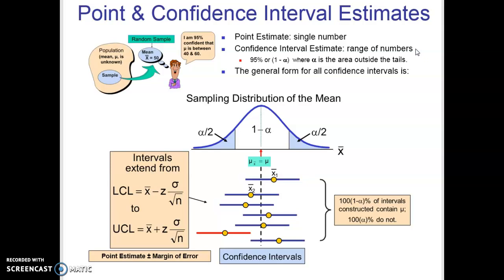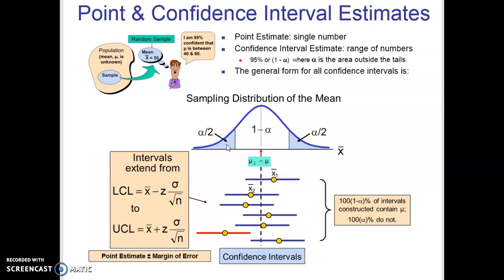First, we establish a confidence level, which we'll assume is 95%. Sometimes this is stated as 1 minus alpha, where alpha would be the area outside of your tails in a bell curve. For example, if we have a distribution that's normal, and we want a 95% confidence interval, this would leave alpha, 5%, in the tails.